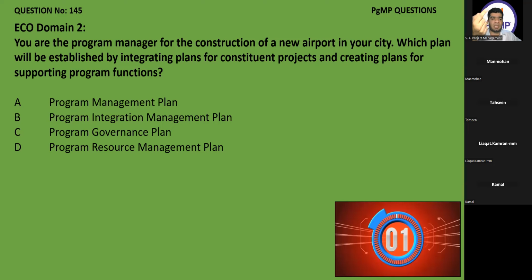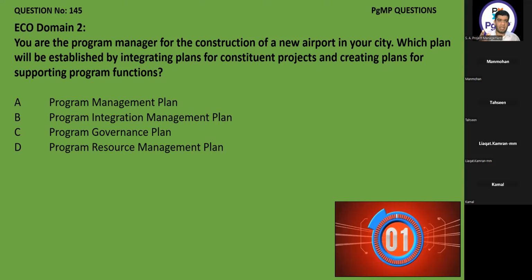We have only three: the high-level milestone, the high-level roadmap, and the high-level program scope statement. If he is asking for scope description, it will be the high-level scope statement. If it is for the baseline document, it will be the high-level roadmap that we covered in strategic management.